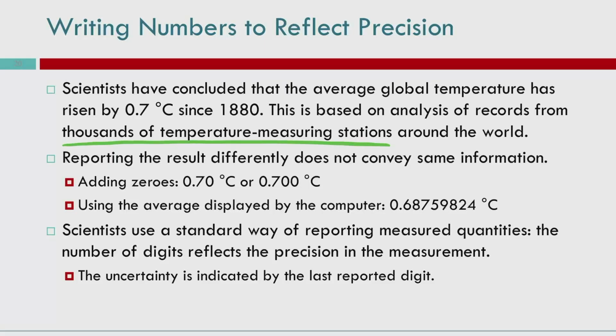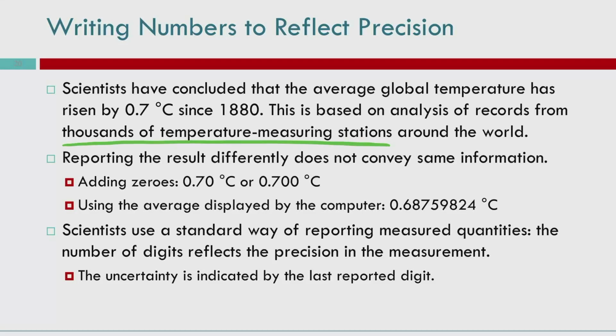If we add zeros to that, it is not the same number. 0.70 degrees Celsius implies a higher degree of precision. That would mean that probably all of those weather stations measured to the 100th of a degree Celsius. Most of the time when we're measuring temperature, it's in single degrees Fahrenheit, or maybe tenths of a degree Fahrenheit. So it's unlikely that they would have that level of precision.